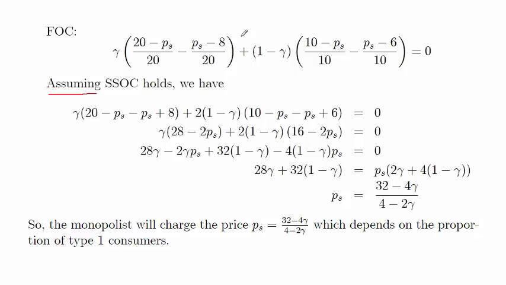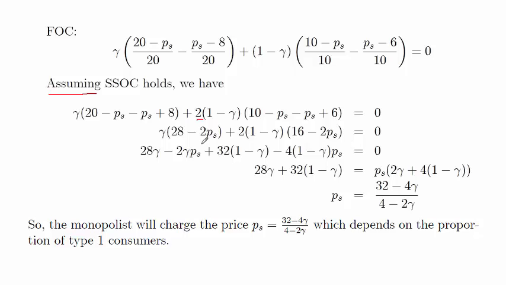We have the following. We're just doing the algebraic manipulations with this equation. First of all, we bring everything under one numerator, and here as well, and then multiply everything by 20, so as to get rid of the denominators. Since here the denominator is 10, I will have to multiply it by 2 right here. Now I add the similar terms, so I have gamma multiplied by 28 minus 2 PS plus this part, still equal to 0.